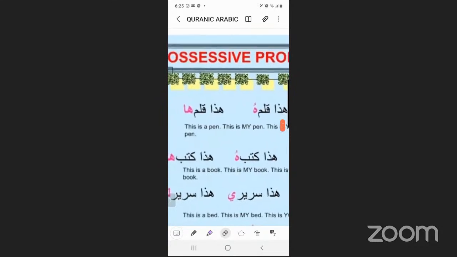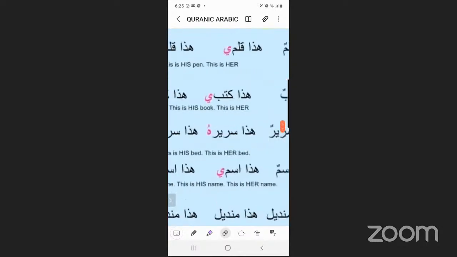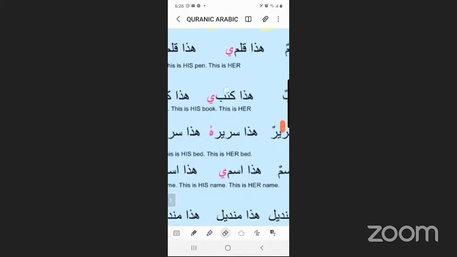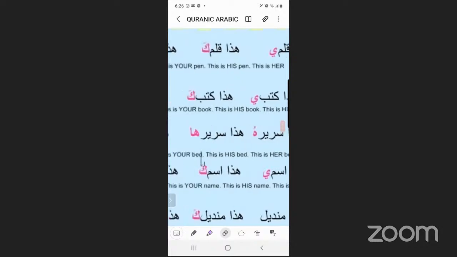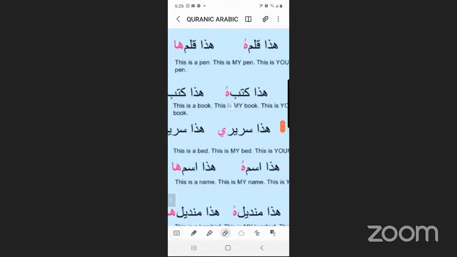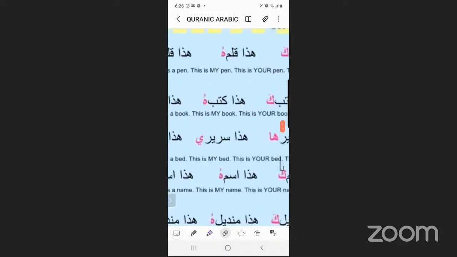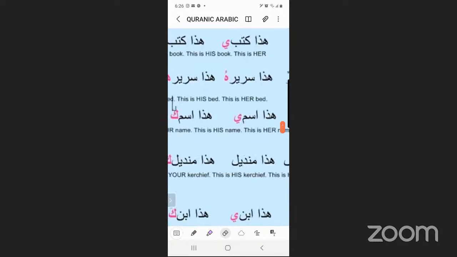And هذا قلمها is her pen. So ya is added to make mine, ka is added for your, hu is added for his, and ha is added for her. So these are attached pronouns.